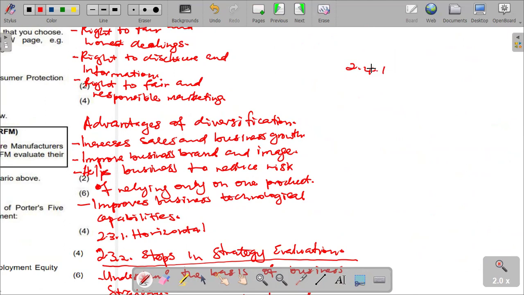How could a business use this, the application of the power of buyers on Porter's 5 forces model? Let's just quickly look into that.